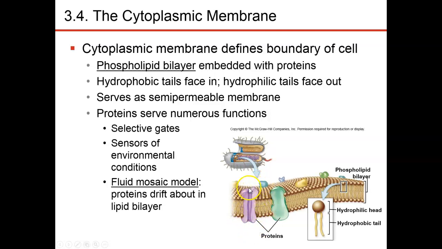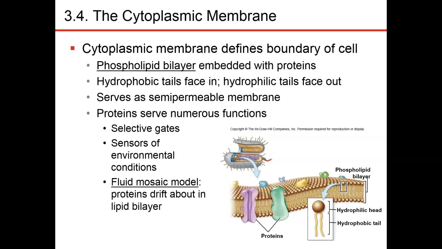These are oftentimes channel proteins or transport proteins of some sort. So there are a lot of functions for proteins. I've named a few. They can be gates, they can be sensors. They work in the plasma membrane, though, to help in maintaining that membrane.